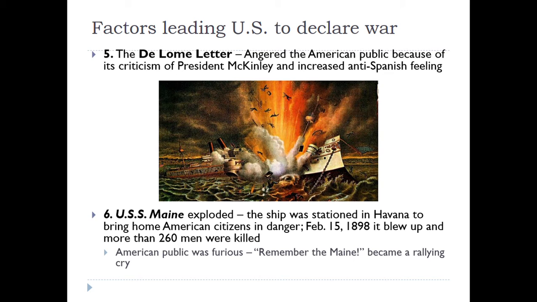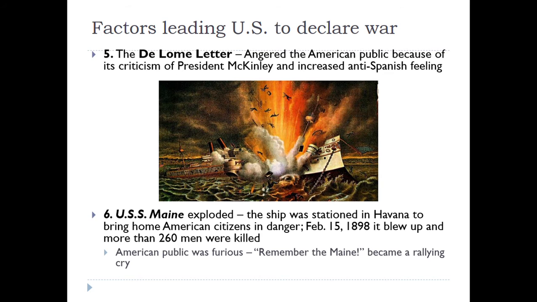It said that he was only out for the adulation of the crowd. It was an insult towards President McKinley. Not that that's the best reason to go to war, but it was just one of many things that turned people against the Spanish. They were already angry about what was happening. Now to hear this person who represents Spain insulting the American president increases these anti-Spanish feelings.